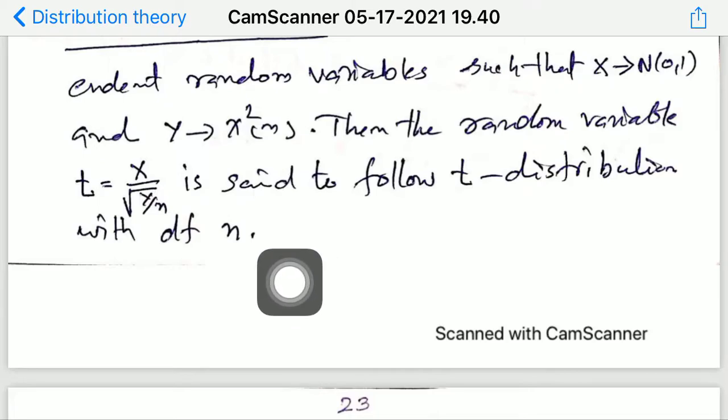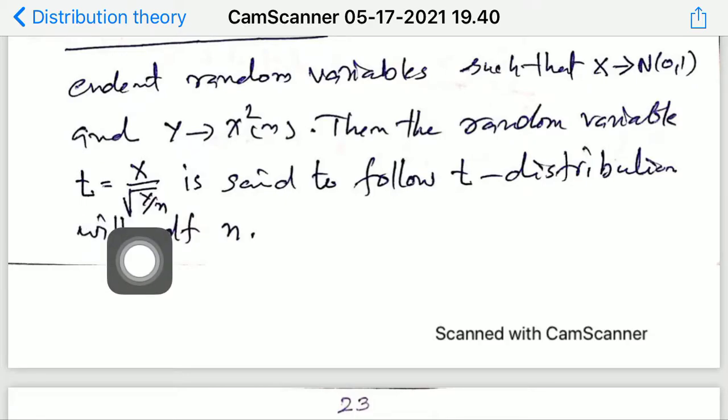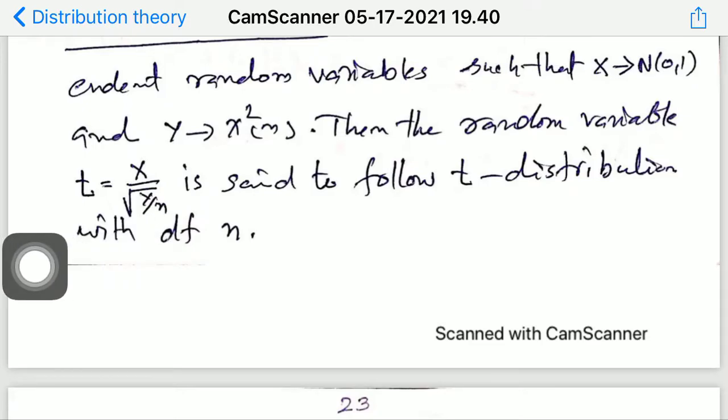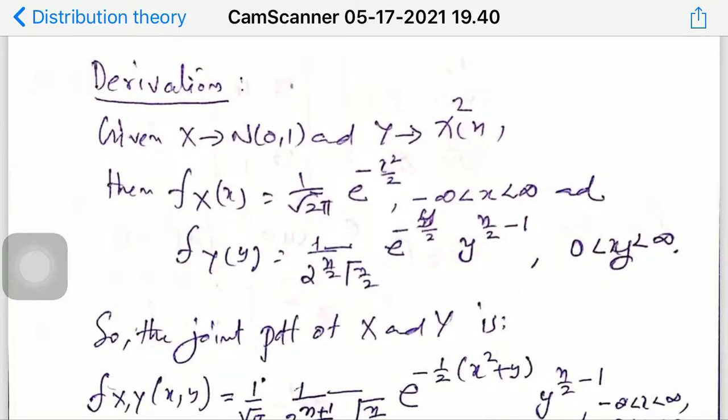That means as n changes, the shape of the t distribution also changes. You will see that the t distribution is a symmetric distribution about 0. And you will see how it is derived.